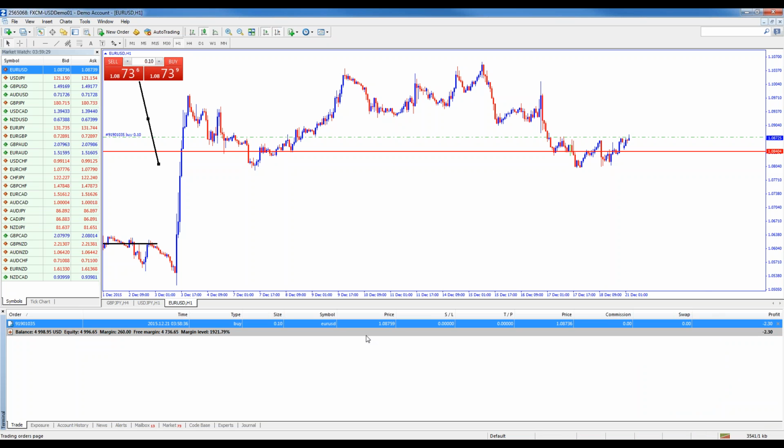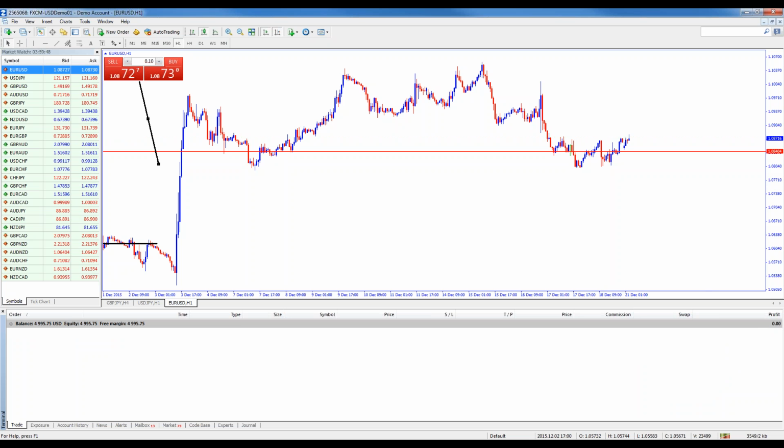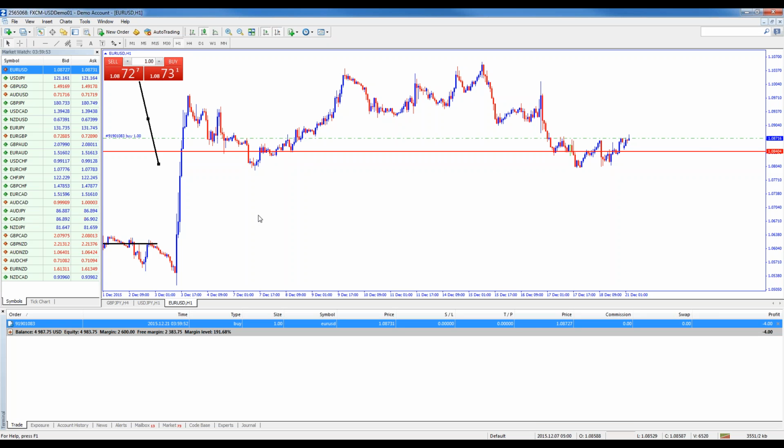Now, on a mini lot, every pip is $1. So right here you have 2.3 pips, 2.2 pips. See that? Every movement is 1 pip, $1. Let's get rid of that. Now we're going to go to standard lot. Standard lot 1.0, on Metatrader 4, is $10 per pip.